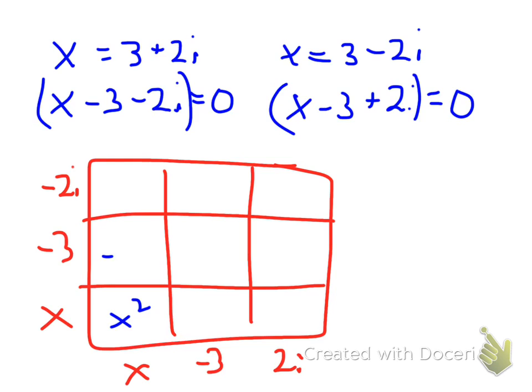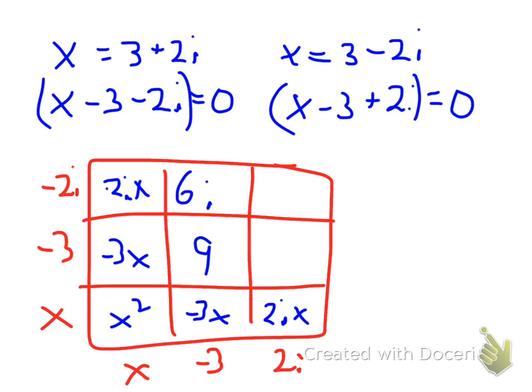I have an x squared, a negative 3x, and now this top one is a negative 2ix. Again, a negative 3x here, a positive 9, a positive 6i, 2ix, negative 6i, and this top corner box is going to be negative 2 times positive 2, i squared.